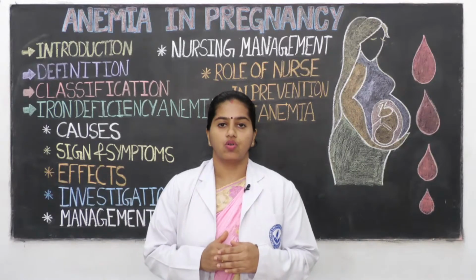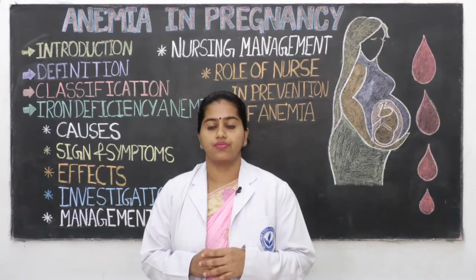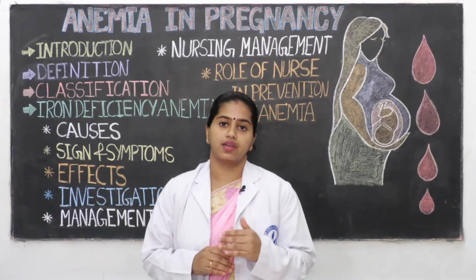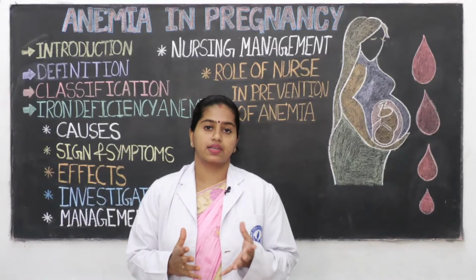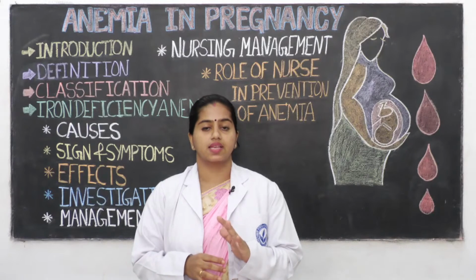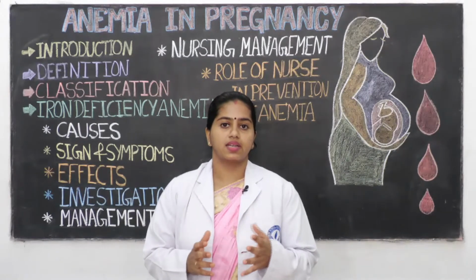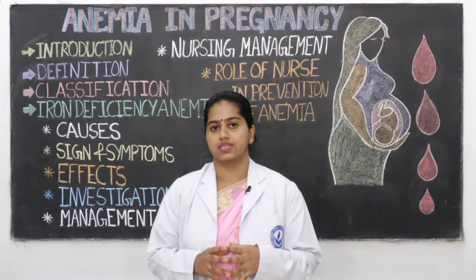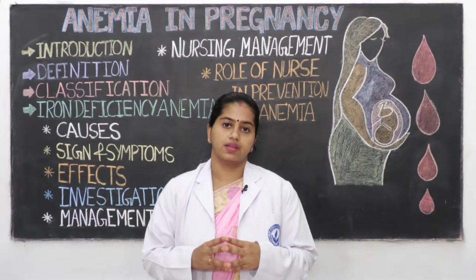Next, we will see the signs and symptoms or clinical manifestations of anemia in pregnancy. Generally we can divide them into mild anemic symptoms, moderate anemic symptoms, and severe anemic symptoms. In mild anemia, hemoglobin is less than 11 gram percentage, and in that, many symptoms will not be there for the mother.